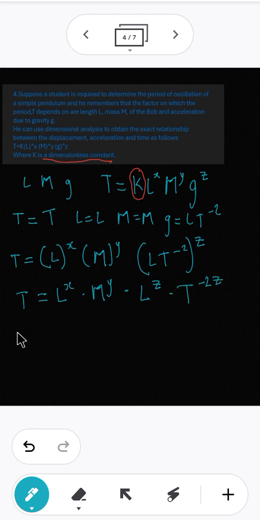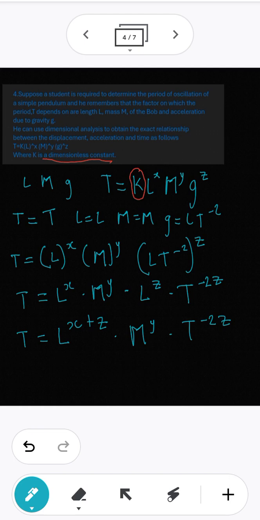So remember, from indices, these two are like terms and they're multiplying each other. So this is going to be L to the x plus z. I think in the future I'm going to make a video on YouTube for indices to help us tackle problems like this. Multiplied by M raised to power y multiplied by T raised to power minus 2z.